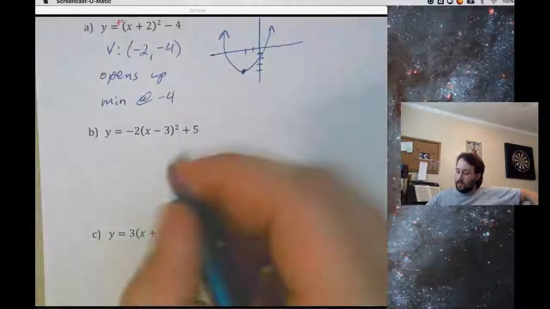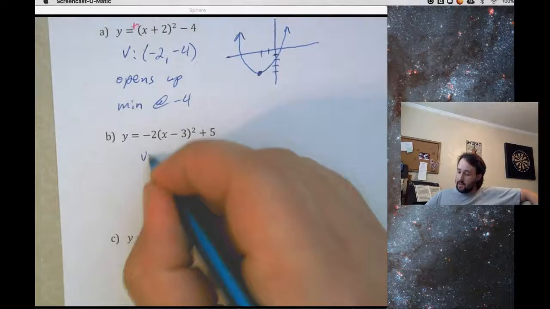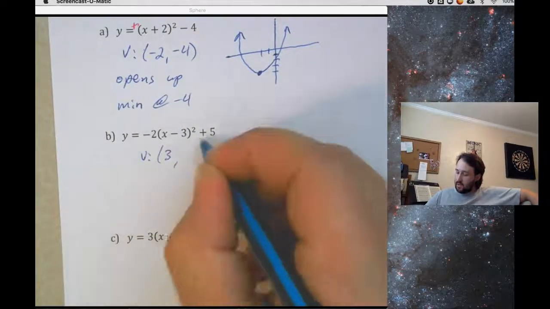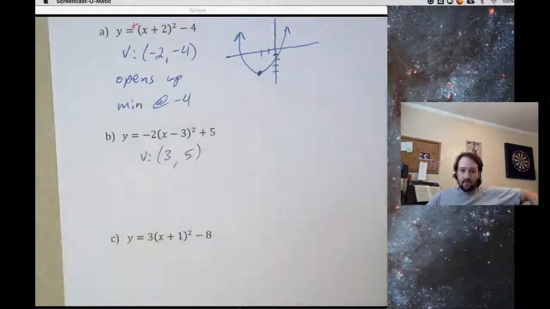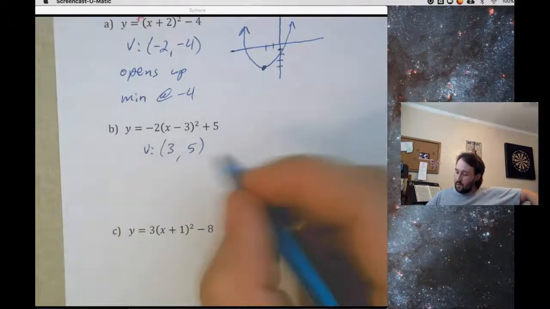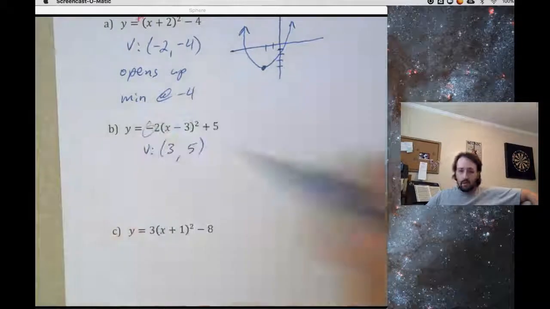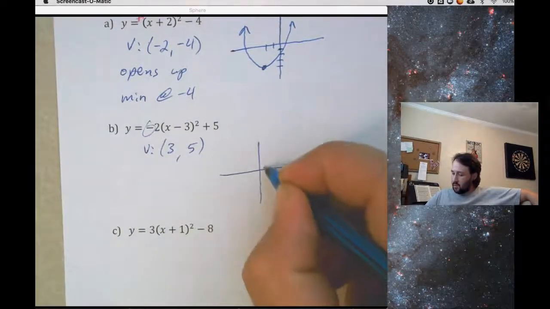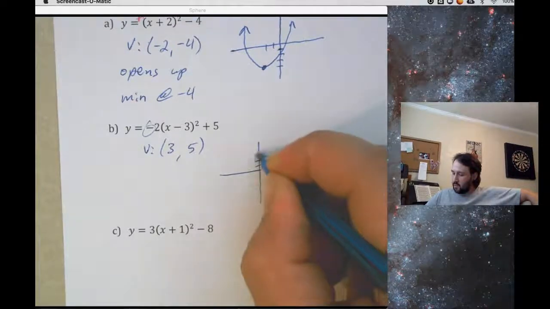All right, moving on. So with this one, again, with the vertex, pull out the opposite with your x. So I have positive 3, and then same with the y, so positive 5. Now for the opening, notice this is a negative function this time. So when I go to my parabola, I am over 1, 2, 3, up 1, 2, 3, 4, 5.